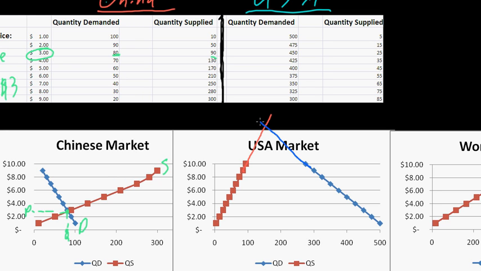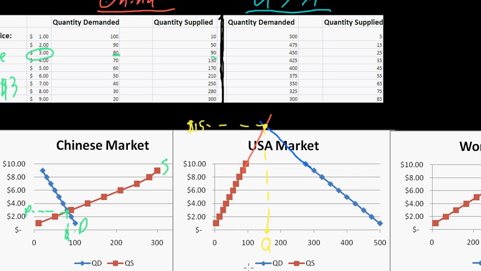I remember from the last video that those intersect at $15, and I don't remember exactly what the quantity was. But the beautiful thing is that that's not important. So the quantity is somewhere between 100 and 200. It looks like a little bit more than 150, but it's just eyeballing. If you really want to know, you can go back and look at the last video and get it from there.